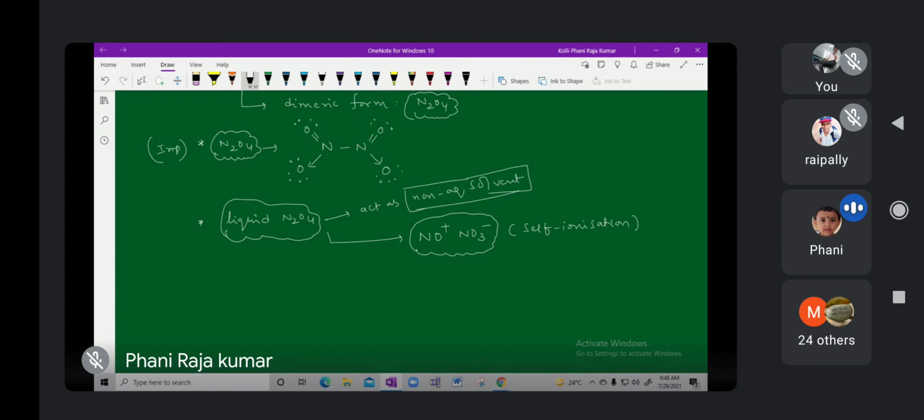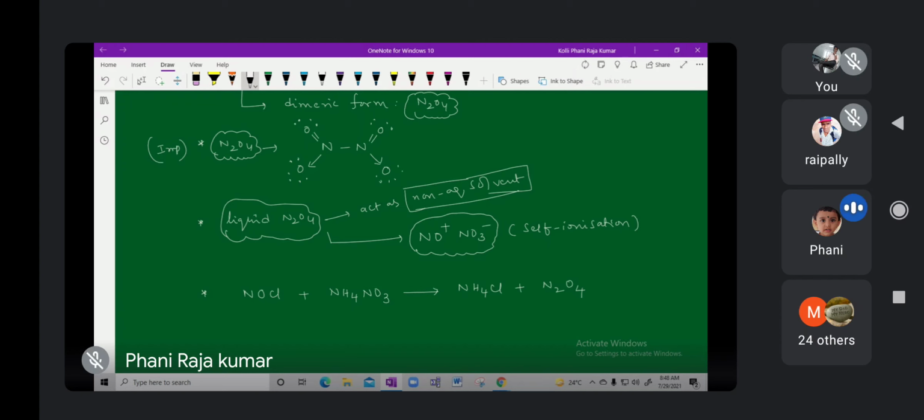Now, based on this, observe here. NOCl, I am writing one compound, plus NH4NO3 gives rise to NH4Cl plus N2O4.